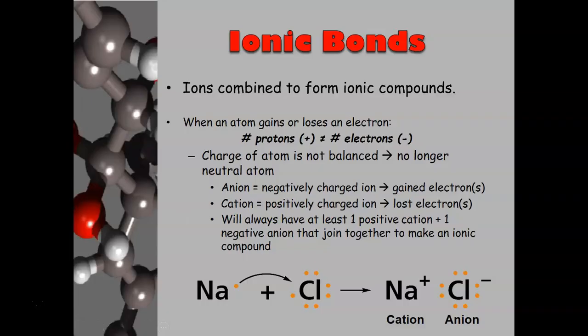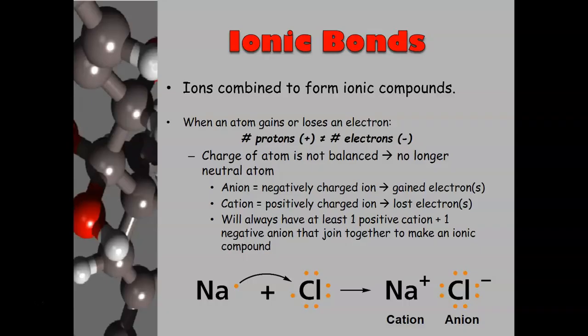Now when we're making ionic bonds, the atoms that are involved have to include at least one positive cation plus one negative anion. That's what ultimately comes together to make an ionic compound. That being said, I can have 2 cations and 1 anion, or 2 anions and 1 cation.